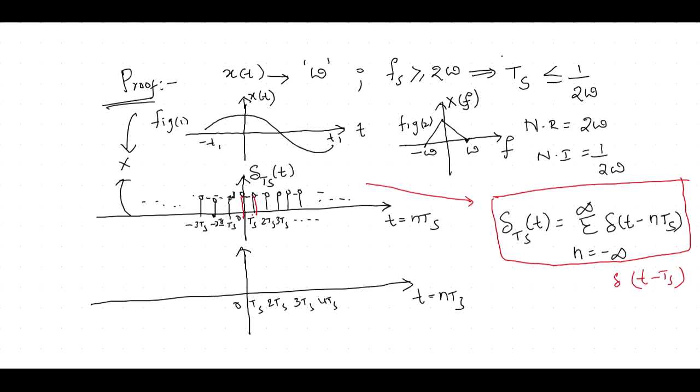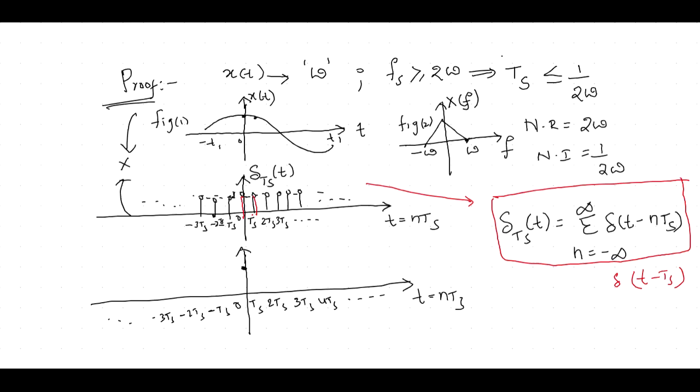Similarly here also minus Ts, minus 2Ts, minus 3Ts, like this. So at t equal to 0, what is the amplitude here? All the amplitudes are constant, that is 1, isn't it? And whatever amplitude is there at t equal to 0, that amplitude is multiplied over here and we will get that amplitude. Next at t equal to Ts, what is the amplitude here? Whatever may be the amplitude, it is multiplied with 1. Same amplitude we will get.